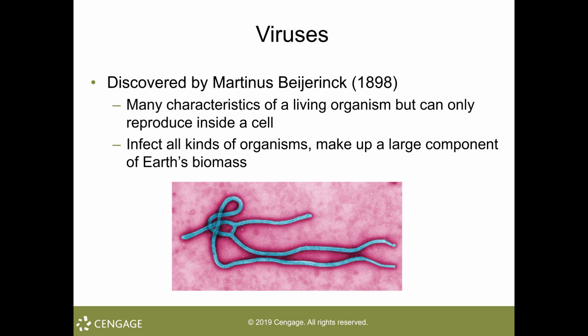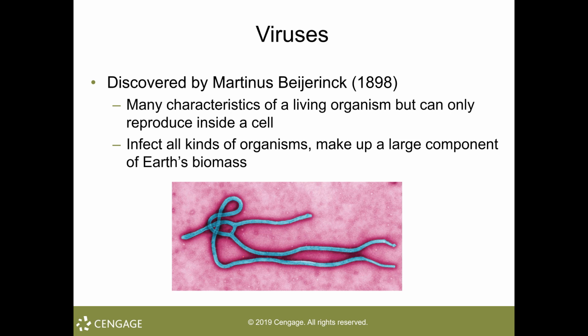They found that they could transmit the disease to healthy plants by daubing the leaves with sap of diseased plants. In 1892, Dmitry Ivanovsky, a Russian botanist, showed that the sap was still infective after it had been passed through porcelain filters designed to filter out all known bacteria.